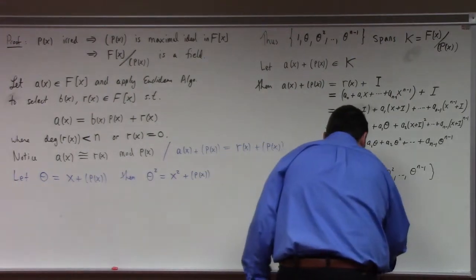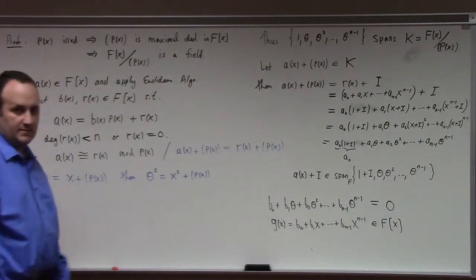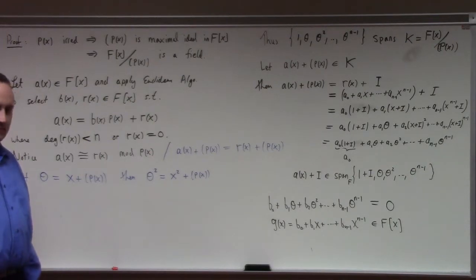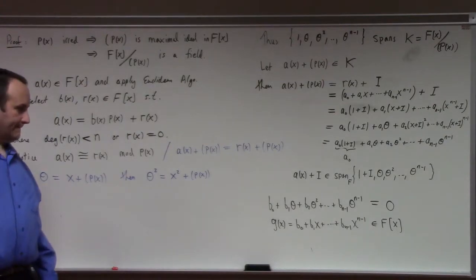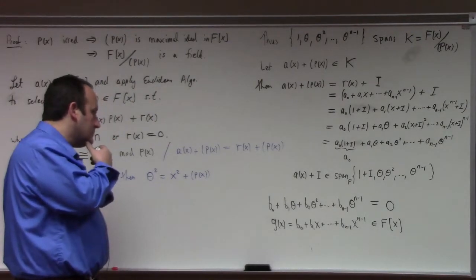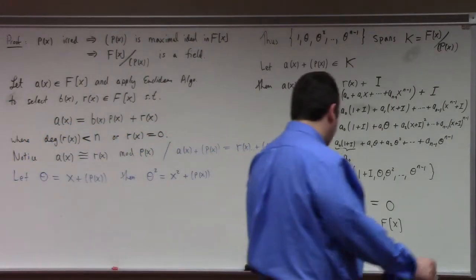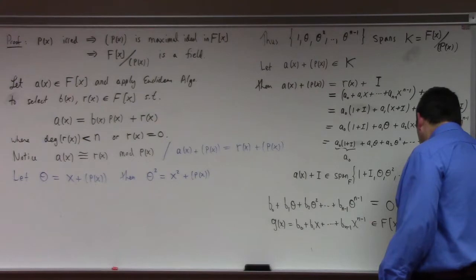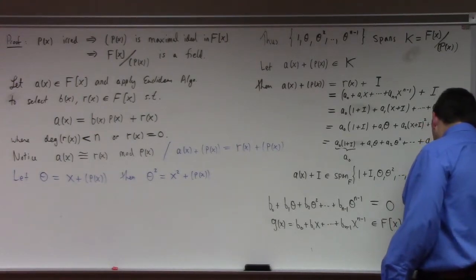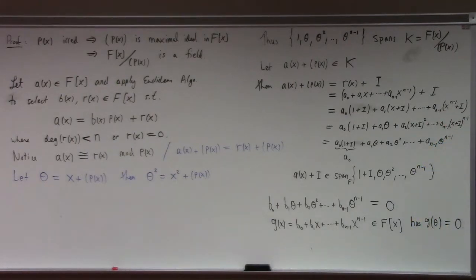this would be a polynomial in F of x, because all the b's are in F. And what would g of theta be? By assumption, it is 0.